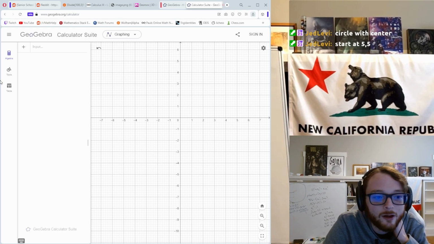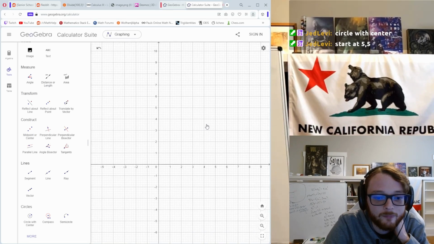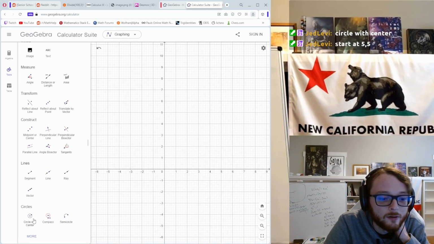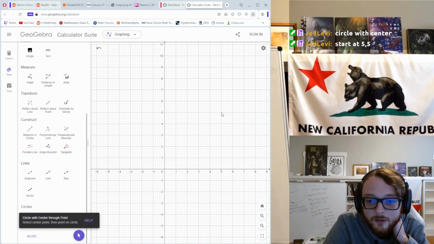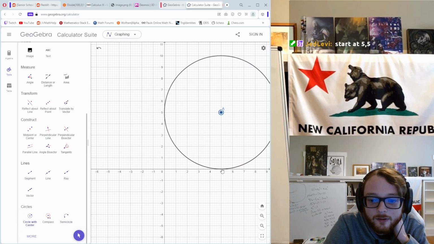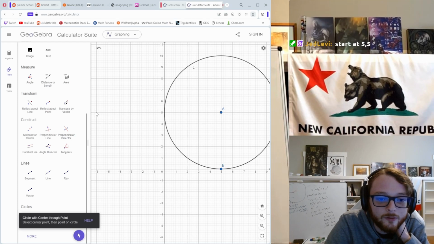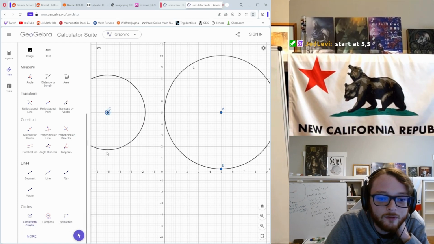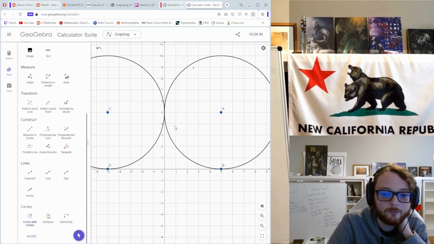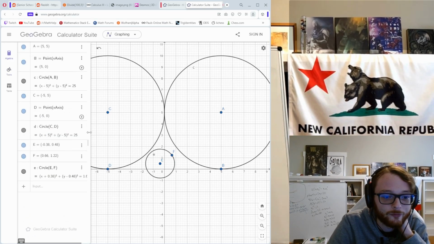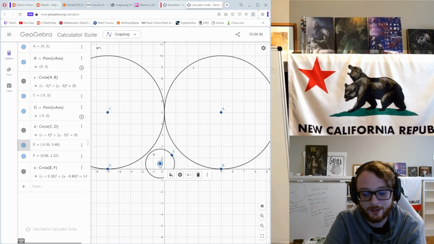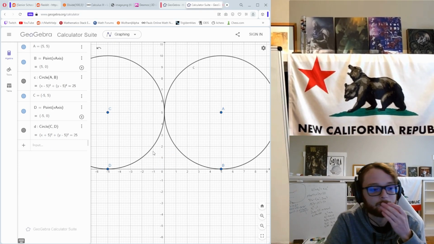There. Wait. Oh, I lost the circle tool. Okay. 5, 5. Circle. Okay. No, stop it. Too many circles. Can I just hit delete? Okay, good.